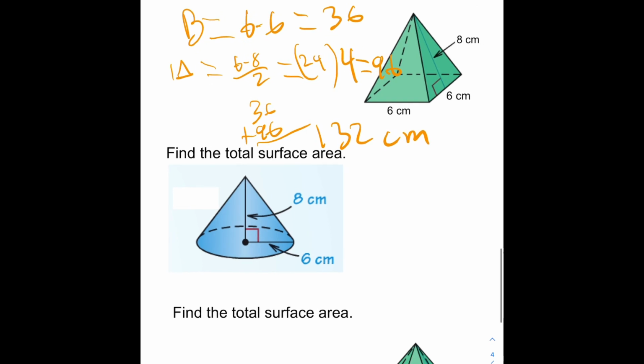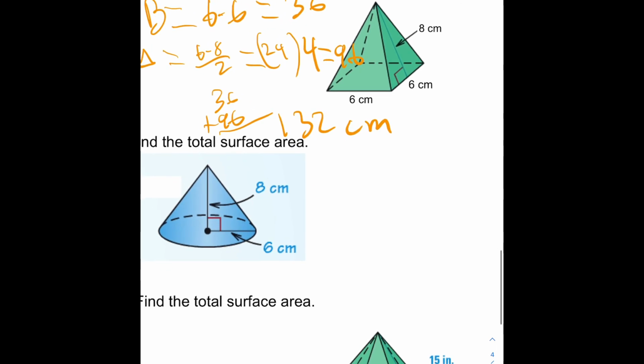Find the total surface area. Again, what does this net look like? This is still going to have a rectangle, but our total surface area is only going to be one circle and a rectangle this time. So that's going to mean that one of my sides is an 8.